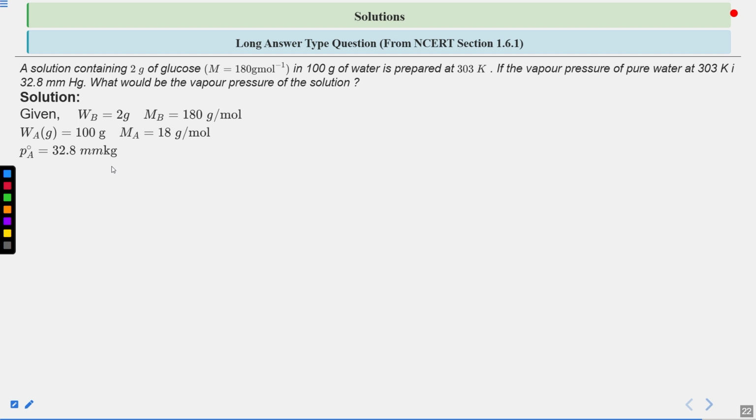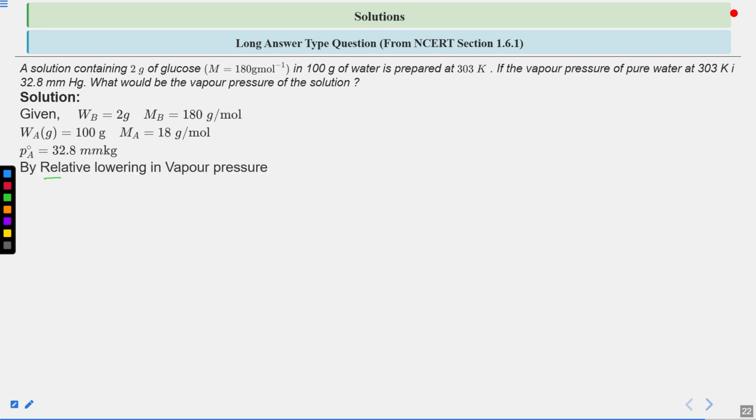Now, P naught A is the vapor pressure of pure solvent, that means vapor pressure of pure water. This is given as 32.8 mm of Hg, at 303 Kelvin temperature.